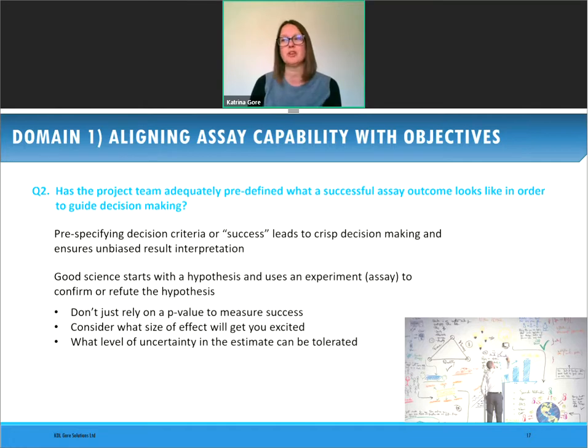Consider it. Sometimes it's tricky to actually figure that out if you're in a novel situation, but consider it up front. Also understand what level of uncertainty in an estimate can be tolerated. If you're estimating potency of a compound, and we estimate that through quantities like EC50, for example, you might estimate an EC50 to be 20 nanomolar. It's a good level of potency.